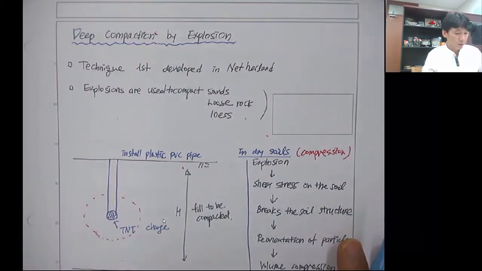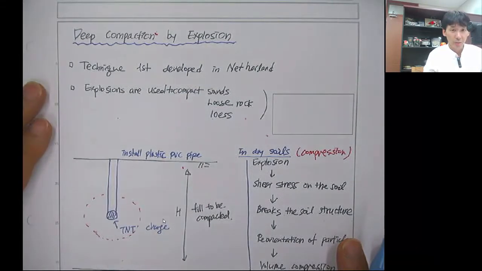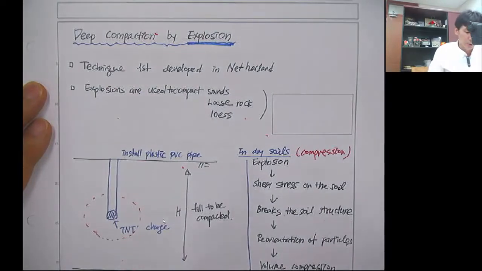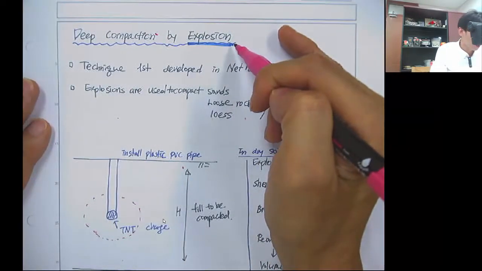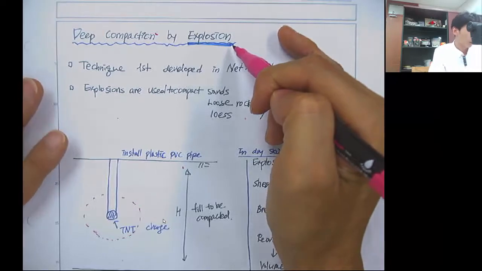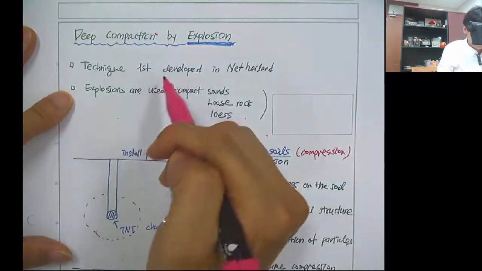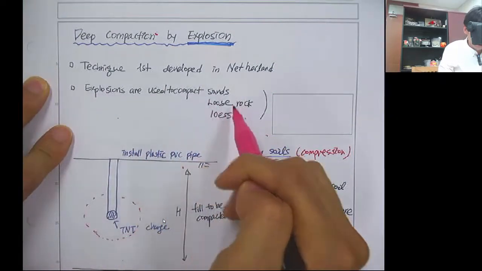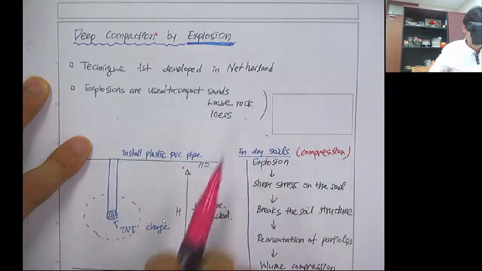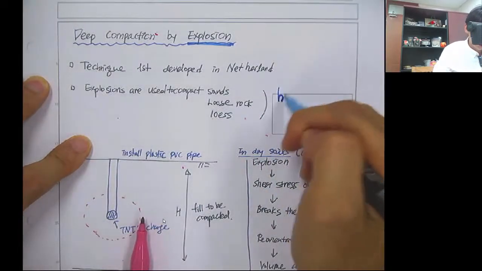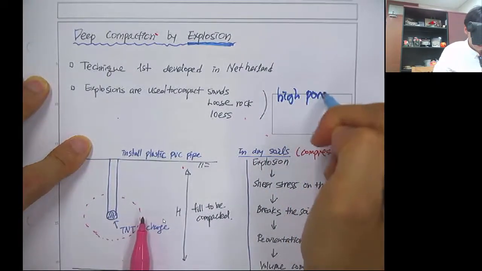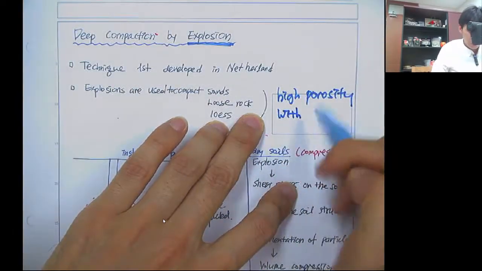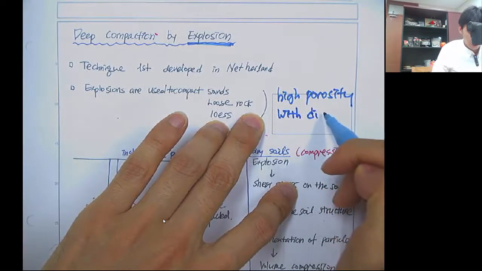Okay, the second method that we're going to talk about today is deep compaction by explosion. Here we'll see how we can use and analyze the effect of the blast, by dynamite. This technique was first developed in the Netherlands, or Holland, and explosions are used to compact sand, loose rock and loess. This soil has high porosity with a distinctive soil skeleton.